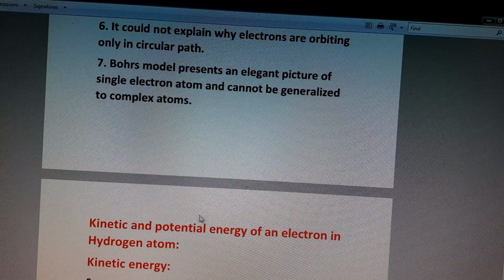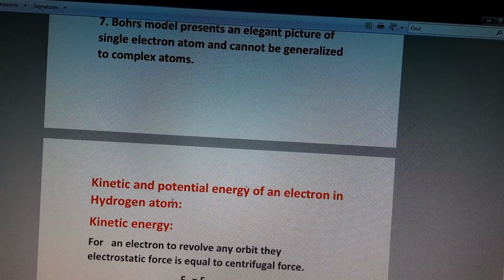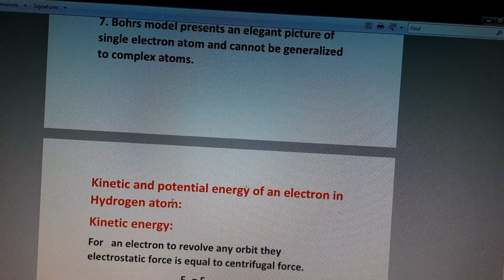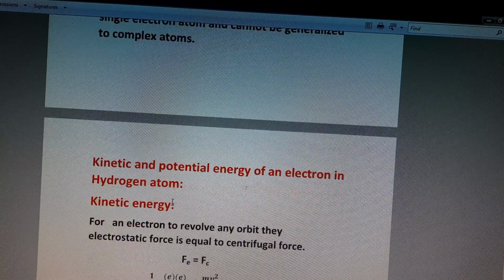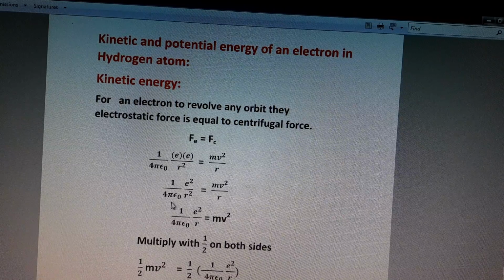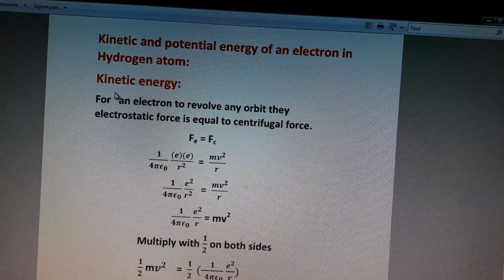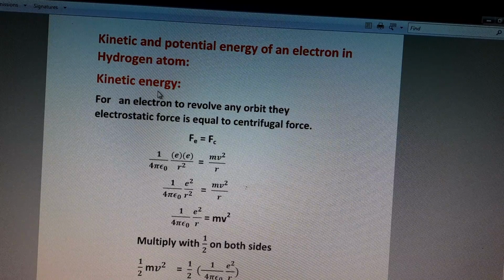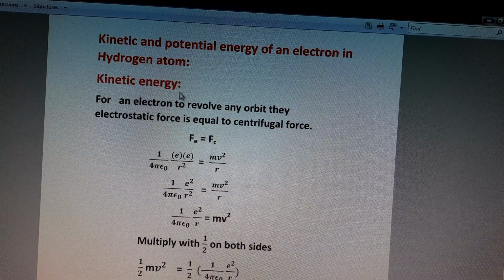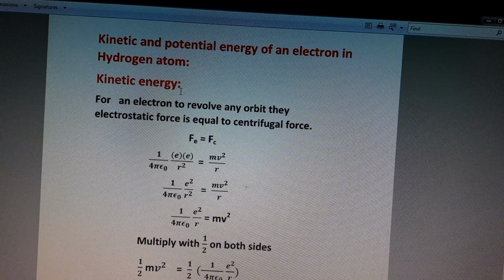And the next one is the kinetic and potential energy of an electron when it revolves around the hydrogen atom. We can derive the kinetic energy equation and the potential energy equation. Generally, kinetic energy is represented by K equal to half mv square. To derive it, we observe the atom.